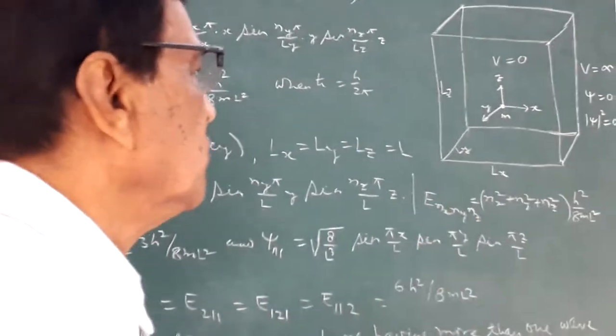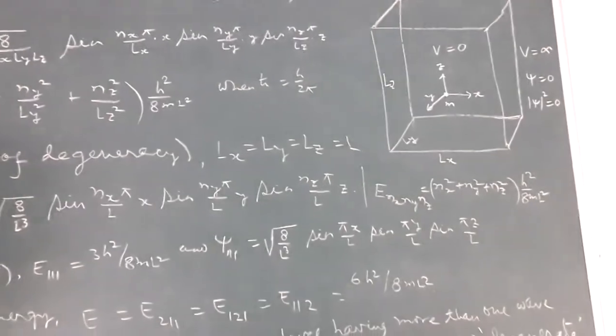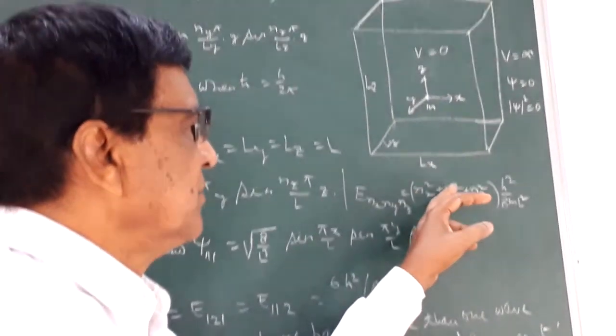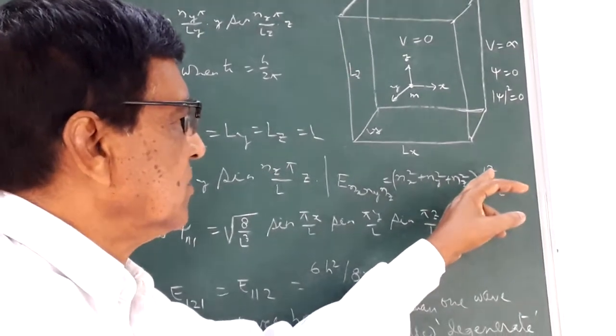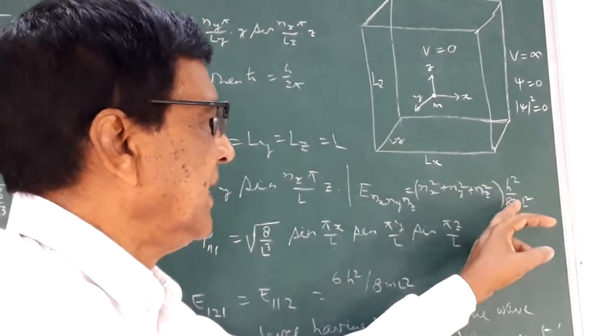And this energy value will also be (nx² plus ny² plus nz²) into h² by 8mL².